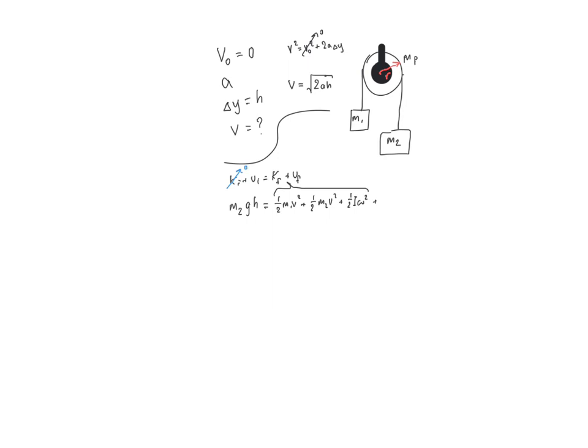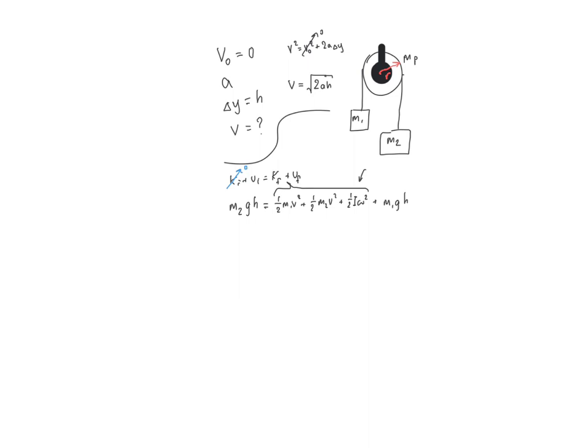All three objects are moving, and then that final gravitational energy would be from M1, since M2 went down to the ground and M1 rose up off the ground. So M1 g h.